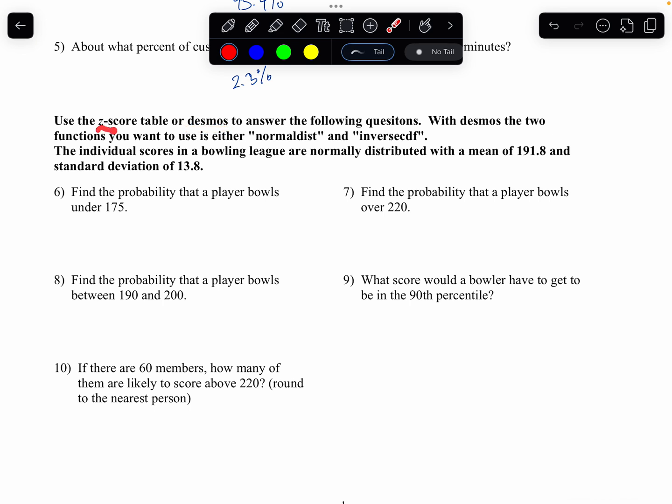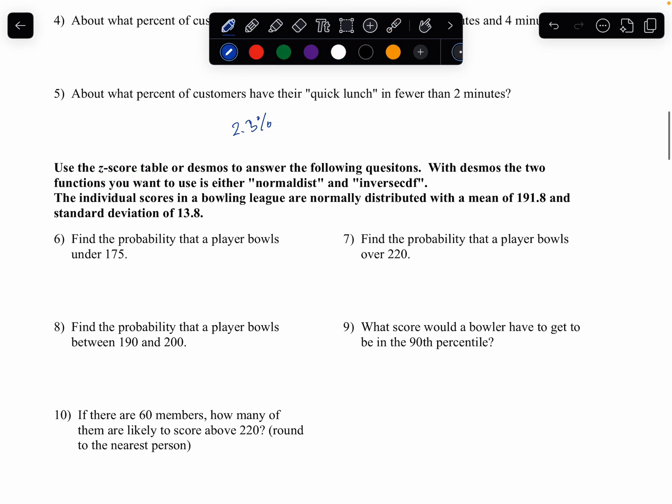So z-scores, the z-score table, that orange sheet, if you still remember, great. I guess I can just suggest that the formula is z equals x minus the mean over the standard deviation. So you can calculate z-scores and then put it into your table to find the probability.